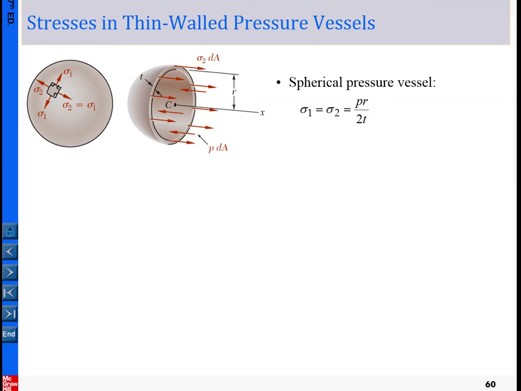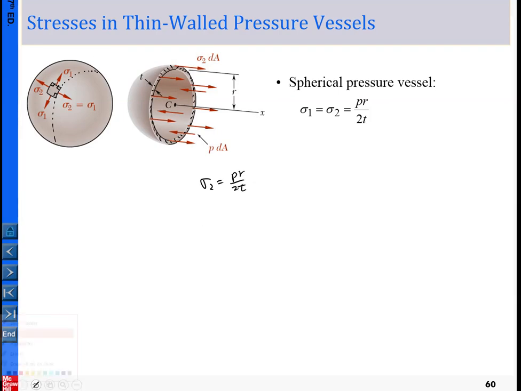Then we again take a similar approach: if you pick a cross section, exposing the half sphere, this area is the ring area on which the stress is acting. The inner circular area is where the pressure is applied. Under simple equilibrium equations, you can find that sigma 2 should be equal to PR over 2t.